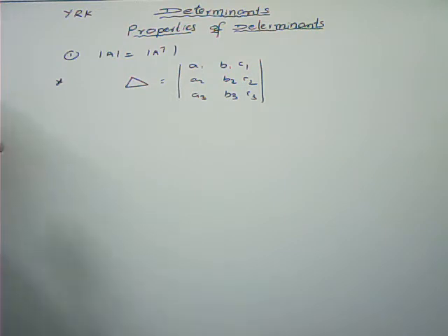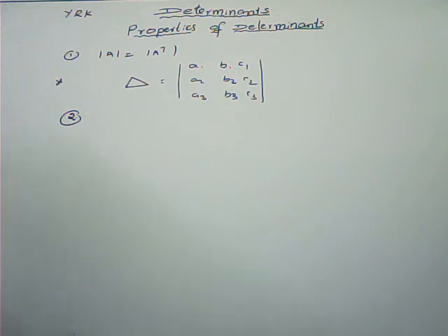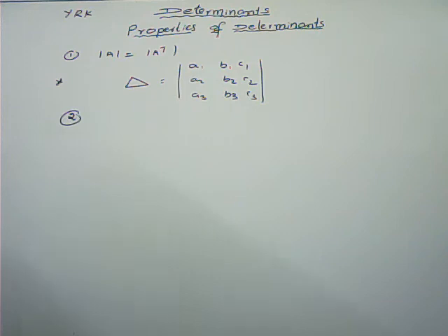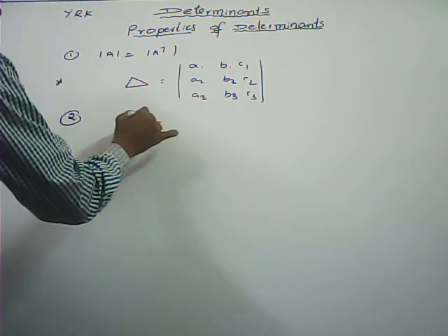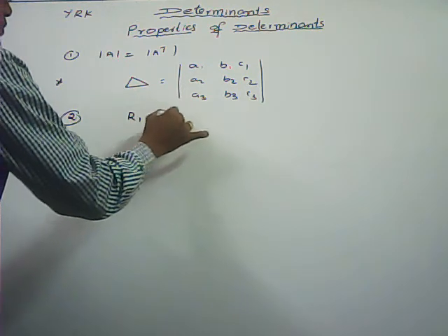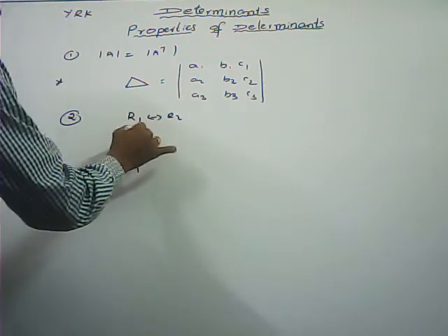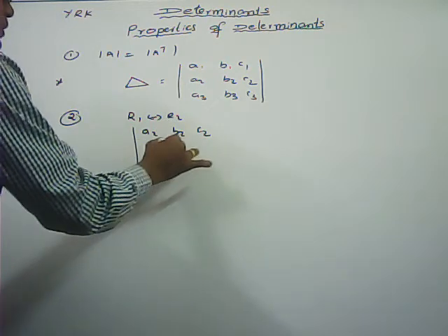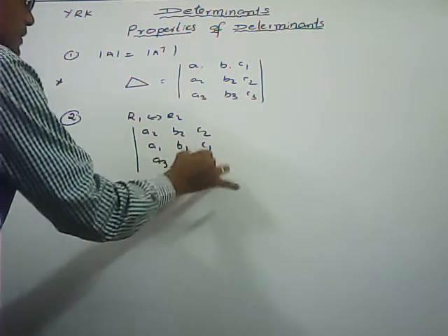Now second property, if I interchange any two rows or any two columns, for example, I am interchanging R1 and R2, then its determinant is equal to a2, b2, c2, a1, b1, c1, a3, b3, c3.